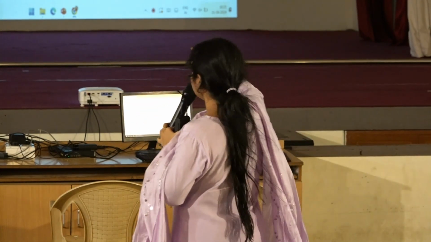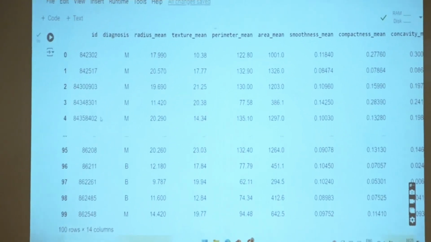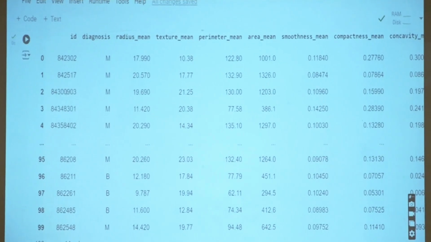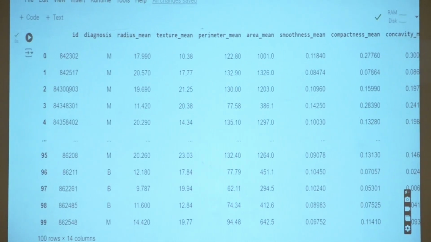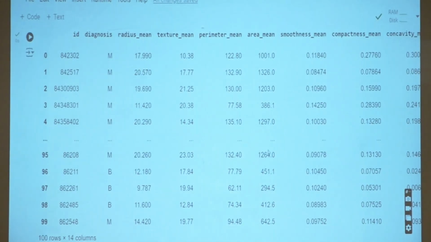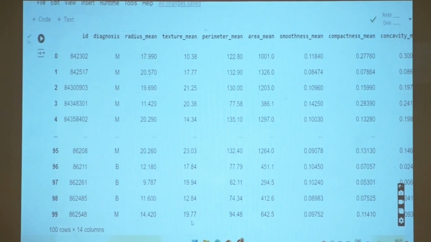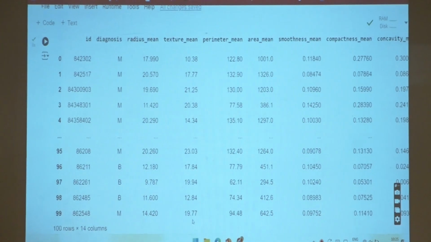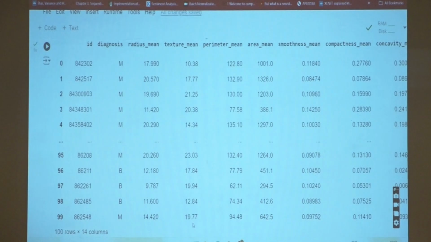So I have to define my input and output variables after I read my data set. As you can see the variable names, I have ID number, I have diagnosis, I have texture mean. Of course, we don't understand all this medical terminology, but we'll see what would be the output variable. The diagnosis here is my output variable. What can you see in the diagnosis column?